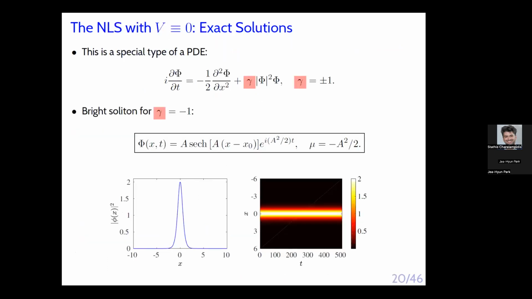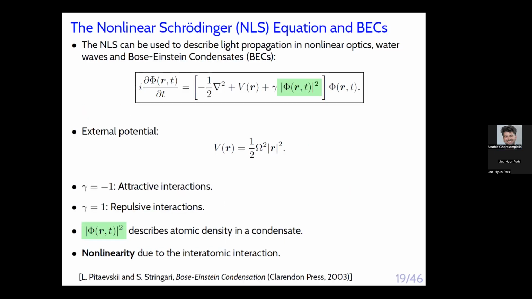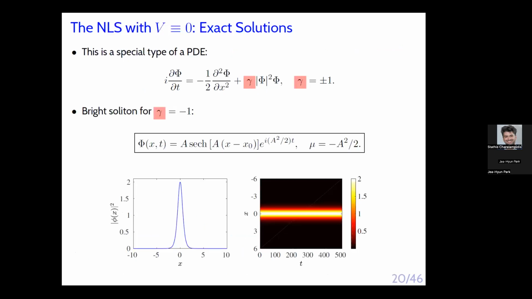Now, a special case for the NLS is when you do not have this potential term in 1D. The model is what we call integrable, meaning that there exists an infinite number of conserved quantities. For gamma equals -1, for a focusing nonlinearity, an exact solution does exist.